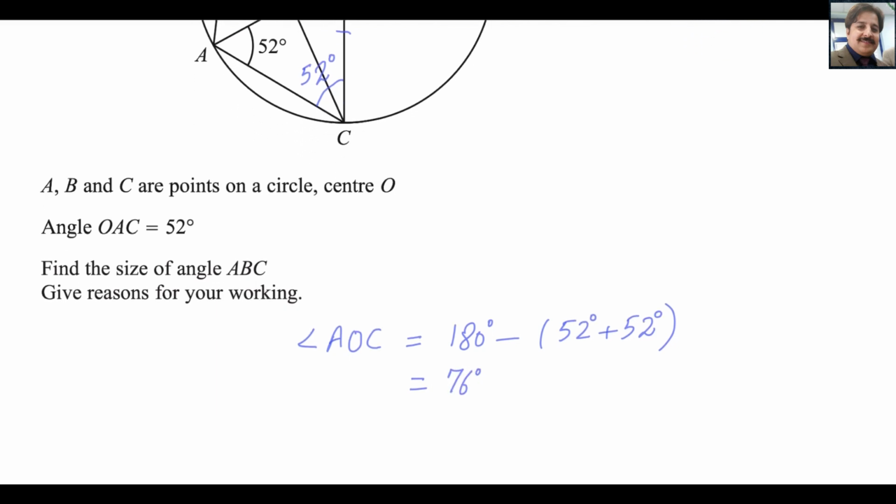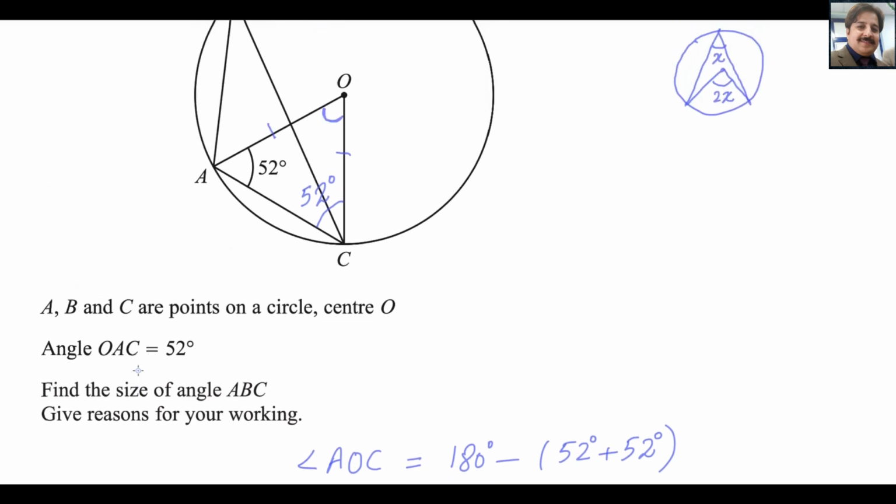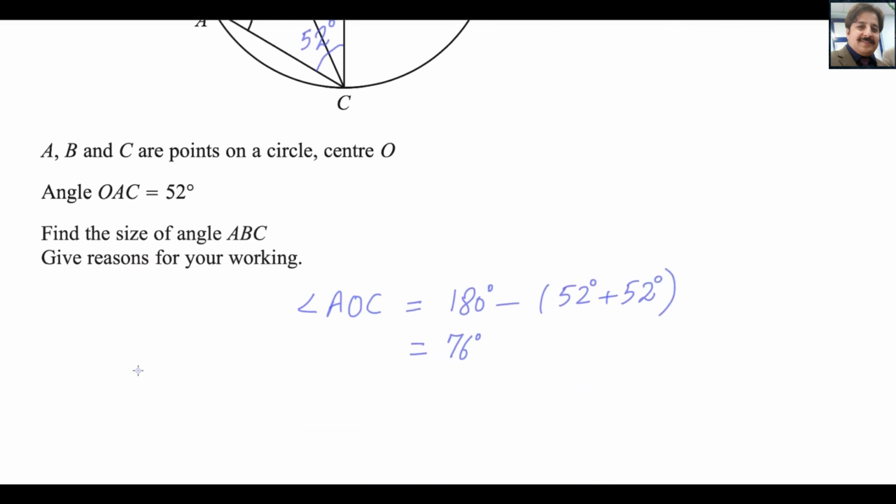As I told you, the angle at the circumference is always half of the angle at the center. So if you want to find angle ABC, angle ABC will be equal to half of this angle. Half of this angle will be 38 degrees.